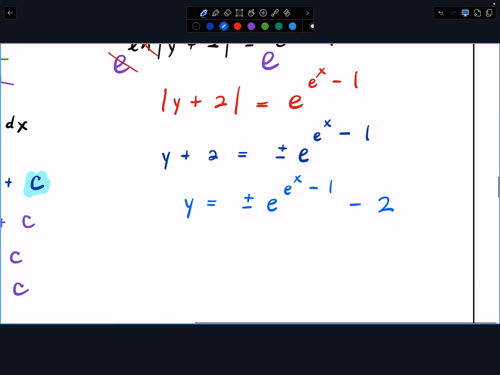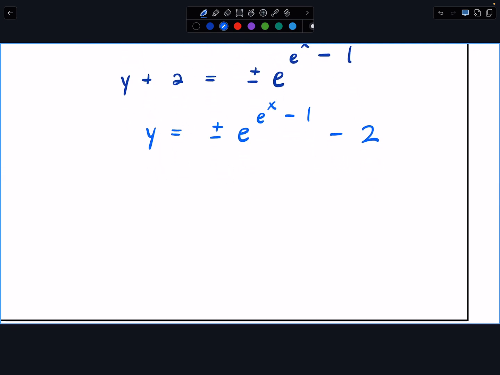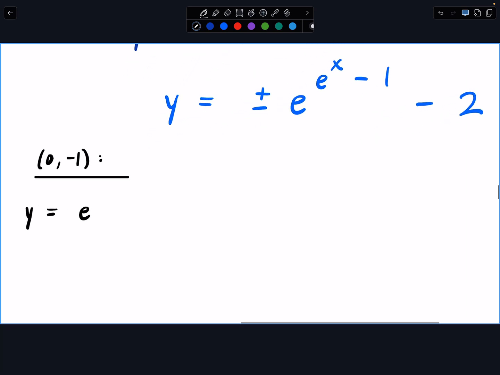This is where we're going to check our initial condition. So y is equal to, I'm going to do the positive one first, e raised to the e to the 0 minus 1 minus 2. Oh, wait, y, what was y? My bad. Negative 1.